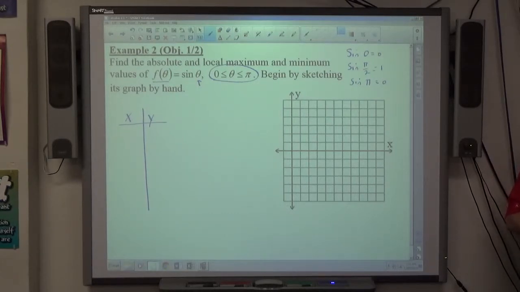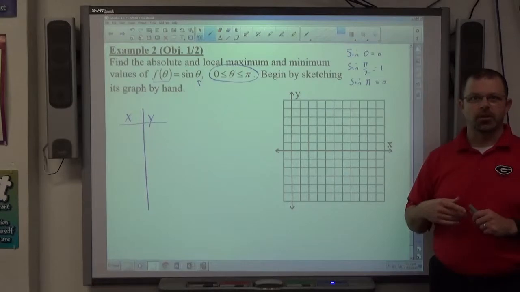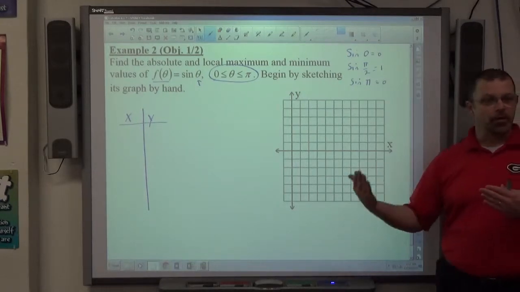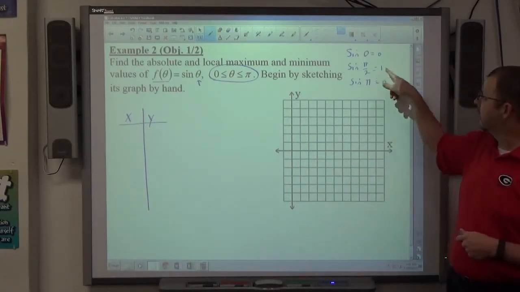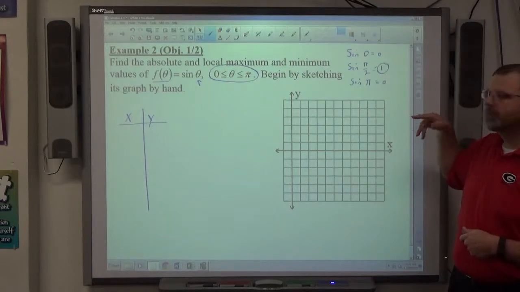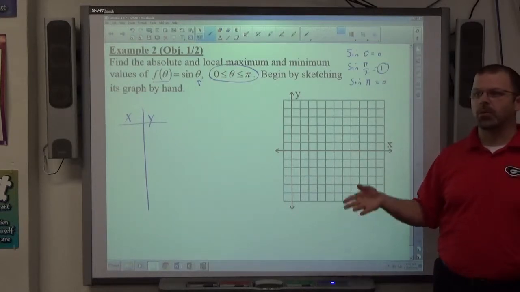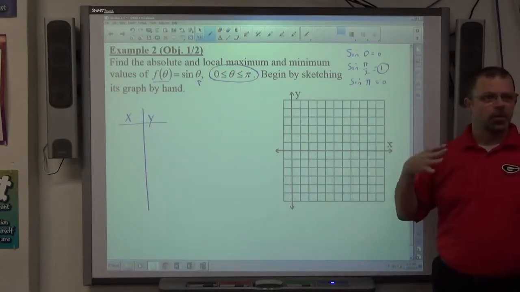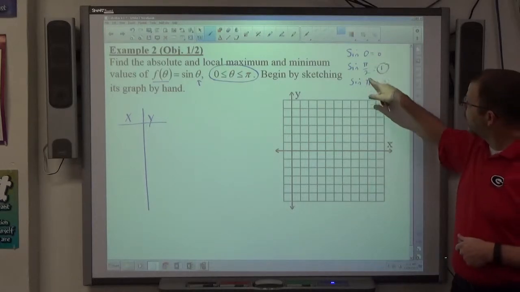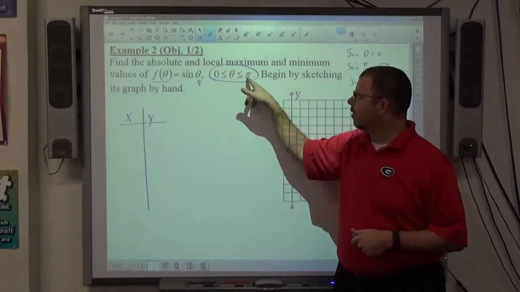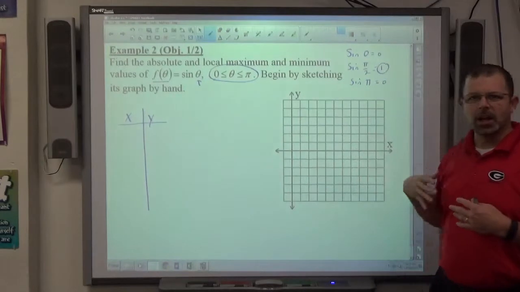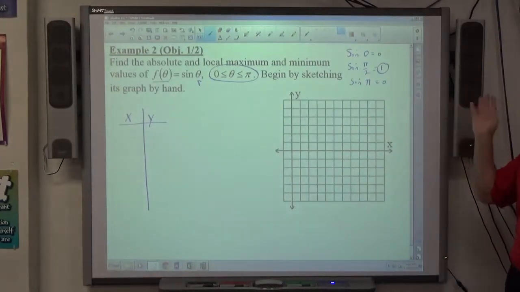So we know some specific spots that occur. Where with the parabola we wanted to find the vertex, with sine we know that the most it can ever hit is positive 1, the least it can possibly hit is negative 1, and 0 somewhere in the middle. Those are some special values there. All three of those numbers lie between 0 and pi. All right? But I want to get a little bit more accurate graph than just 3 points.